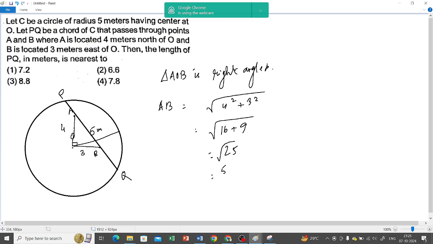Okay, so let me draw a perpendicular from here. Let me name it E, and let me join this O and Q. What is this? This is 5 meters, right? Okay, so what I did, I drew a perpendicular from O on PQ chord, and I joined O with Q, which is the radius.